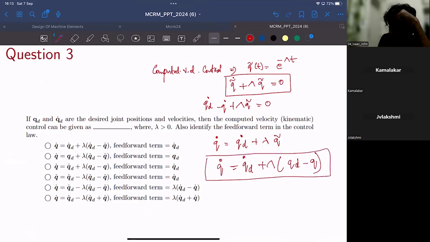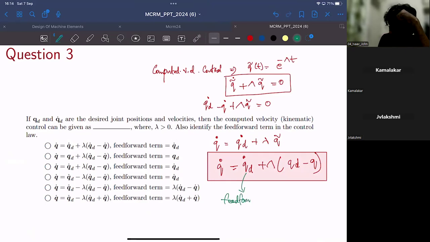This is your computed velocity control. So out of this, this would be the feed forward term, and this term is actually the feedback term.